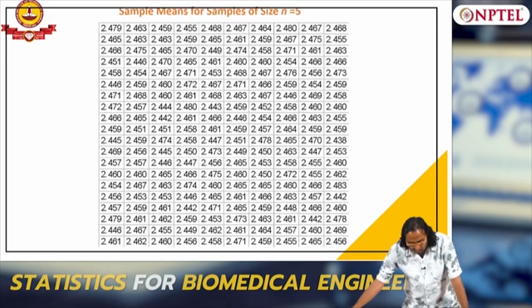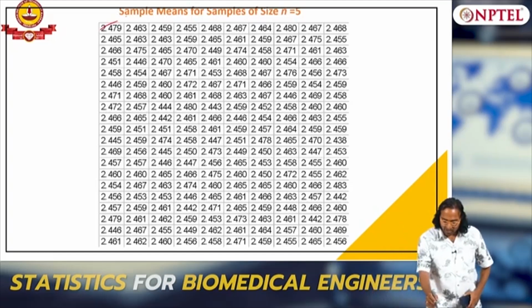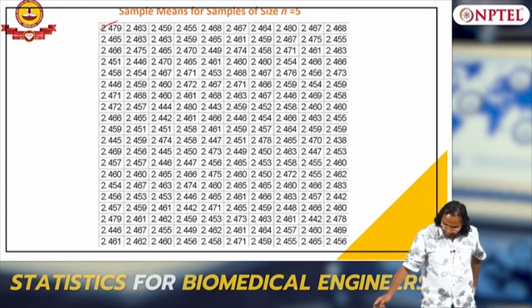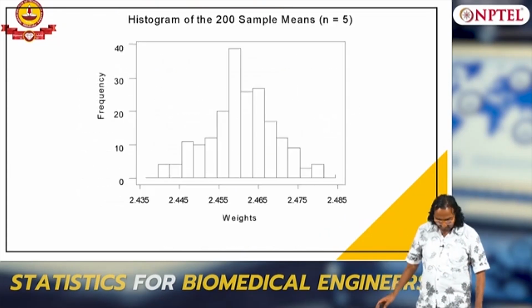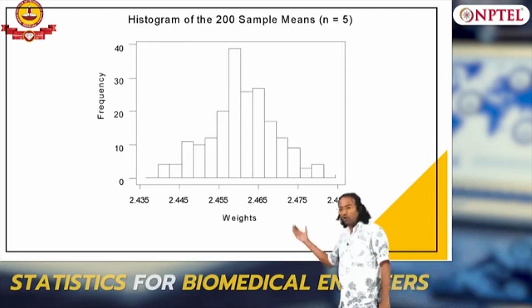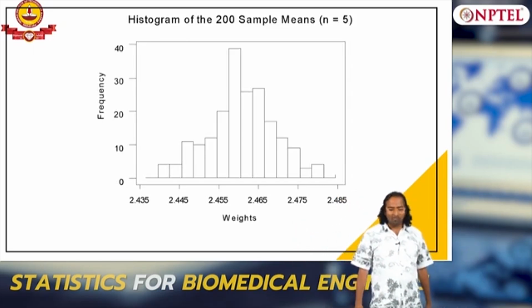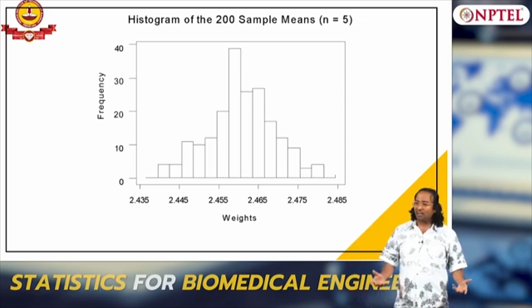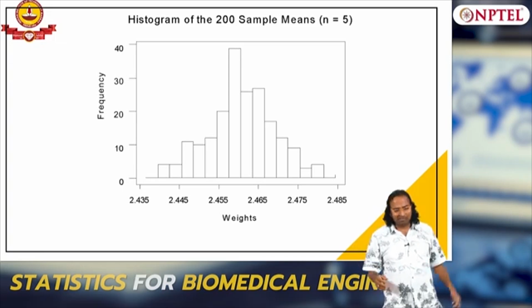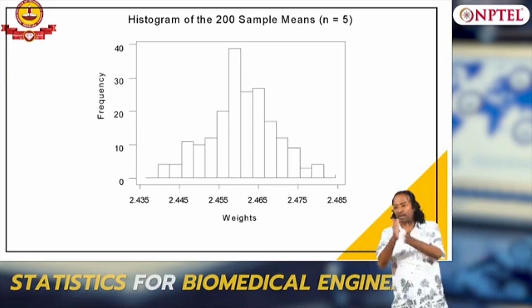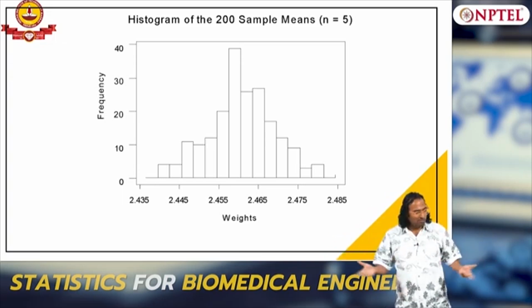So these are my 200 x bars, and I plot them. How does it look? More or less getting to bell shape. I am just generating data. I have created 1,000 samples, made them into buckets of 5, 200 x bars, and plotted it.